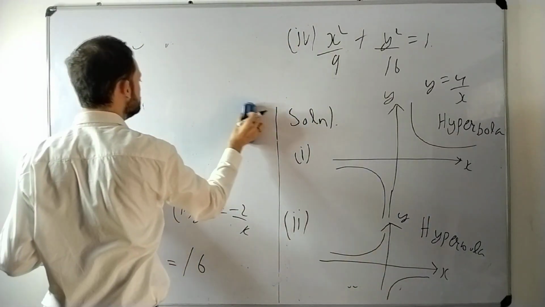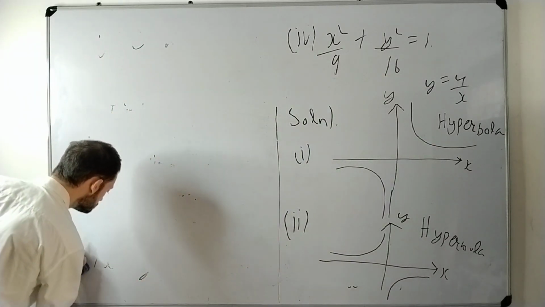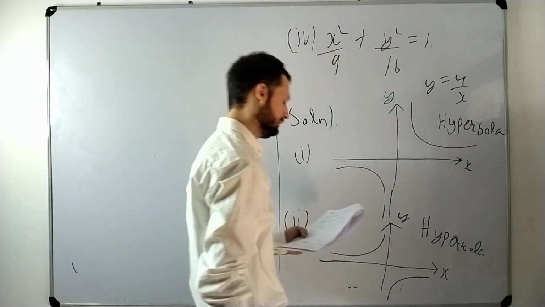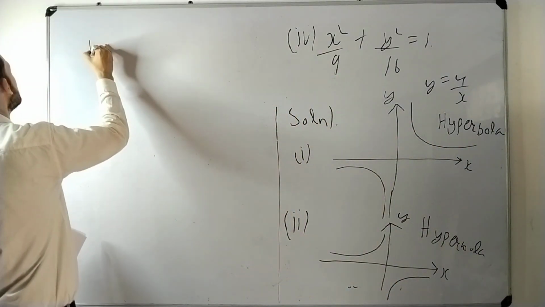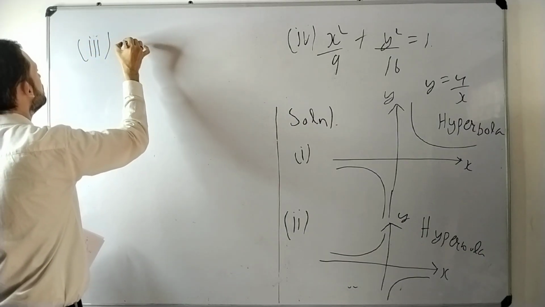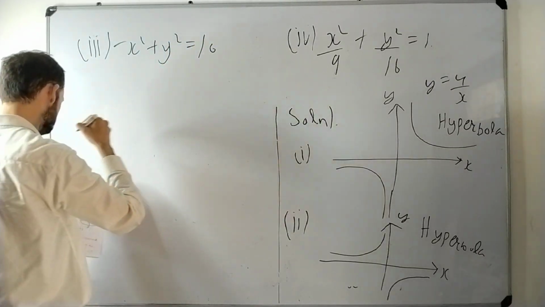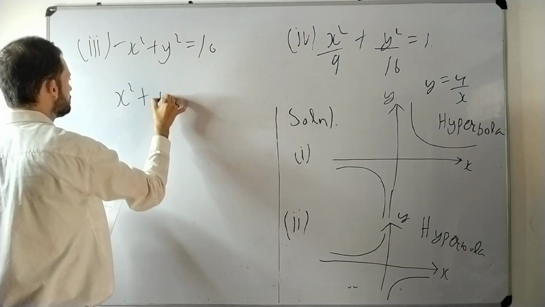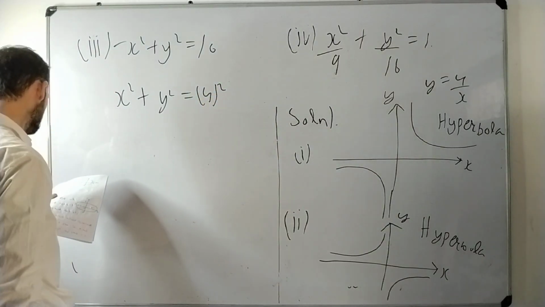Now the third. What is the third, students? Third happens to be x square plus y square equals 16. Then this could be written as x square plus y square equals 4 square. Right?